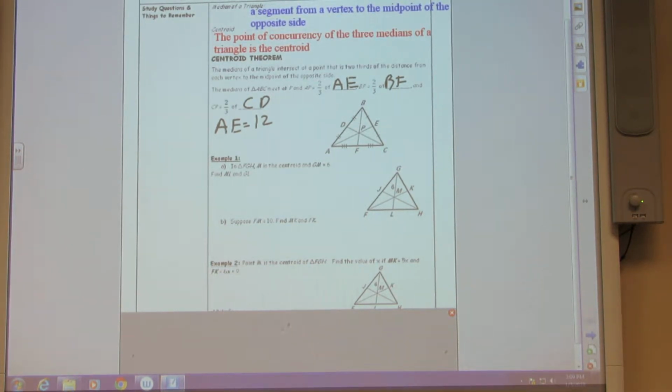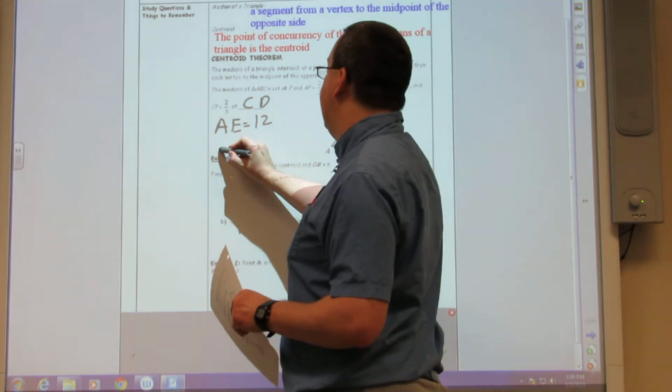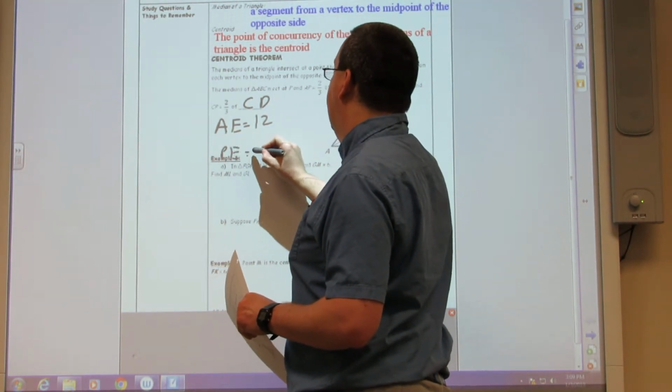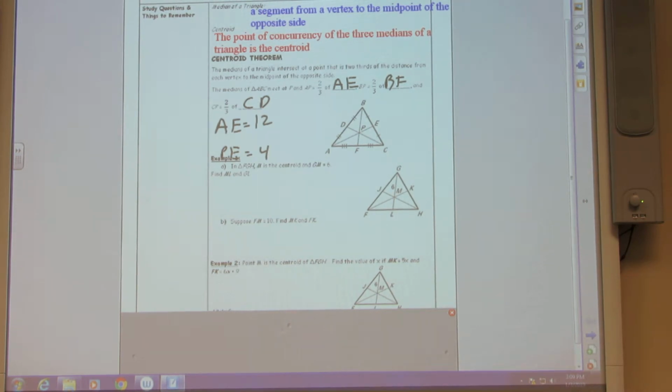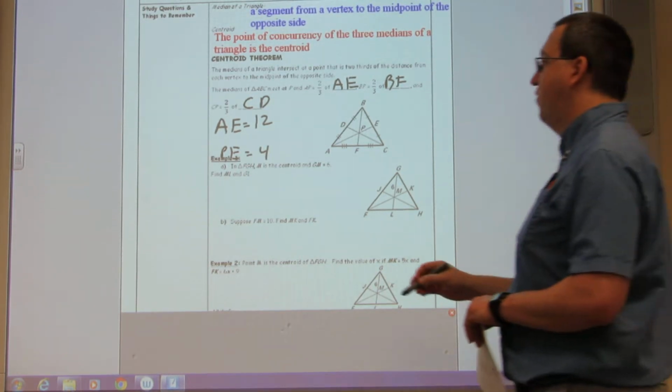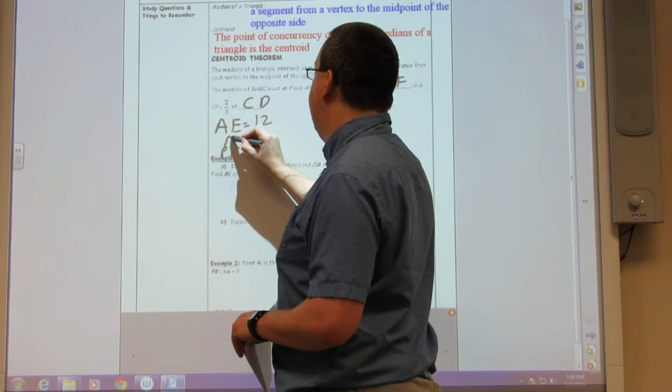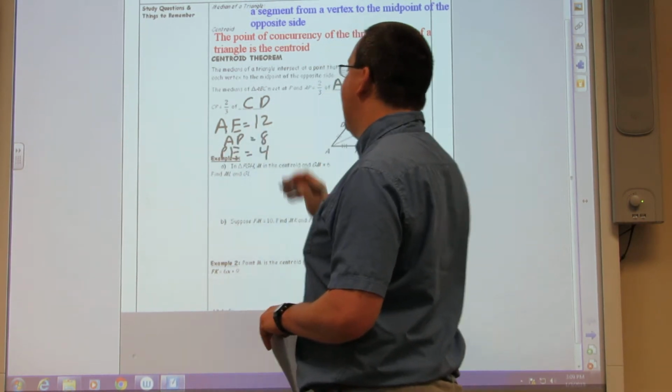I'm just dividing by 3. So PE is 4. I now have 2 ways to find AP. I can do the 2/3 or I can subtract. 12 minus 4. So AP is 8.